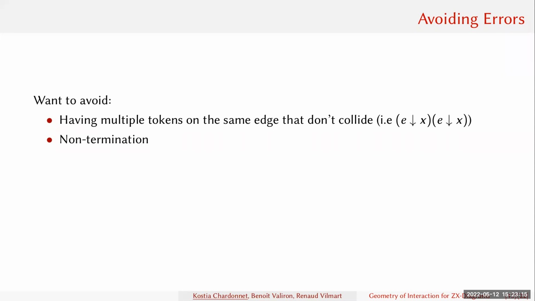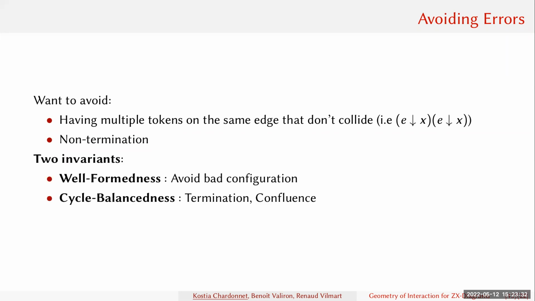And this is something we want to avoid, because if we have that, we cannot relate the final state of the token machine to the standard interpretation of the ZX. And also, just doing the collisions may not ensure termination, so we need to be careful about that kind of thing. So for that, we have two invariants. The first one is called well-formedness, which will allow us to avoid any bad configuration. And the second one is called cycle balancedness, which will give us termination and the confluence of the rewriting system.